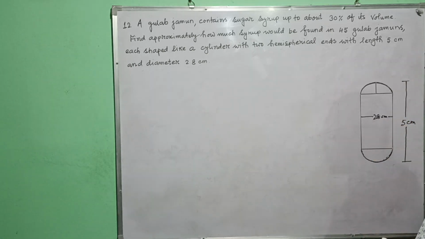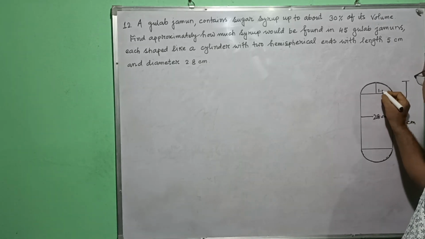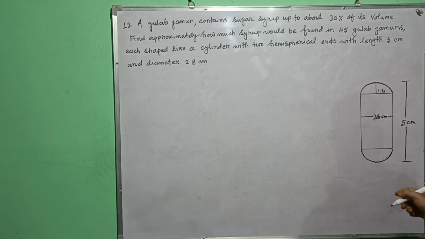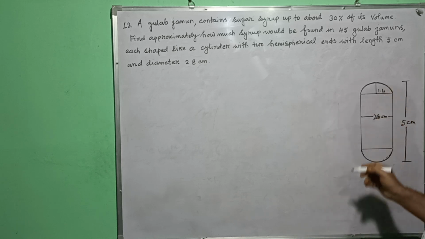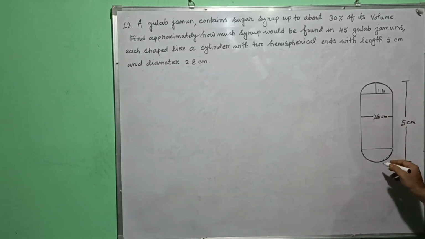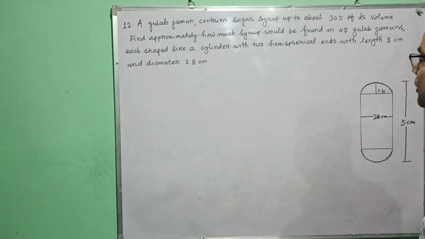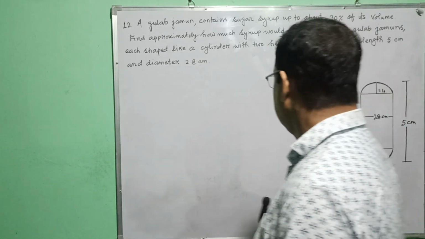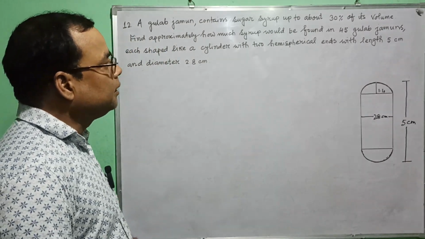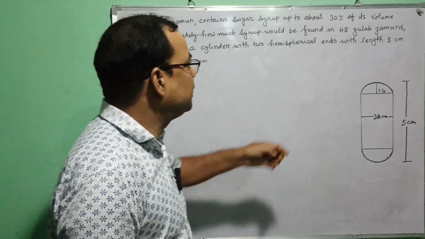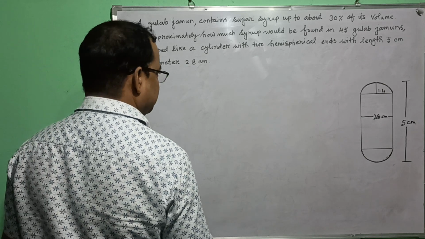So if diameter is 2.8 cm, so the radius is 1.4 cm, and also the radius of the hemispherical part is also 1.4 cm, here also 1.4 cm. So these are the dimensions given. Now we'll find the amount of sugar syrup contained in this gulab jamun, as it is given 30% of its volume is contained by sugar syrup.